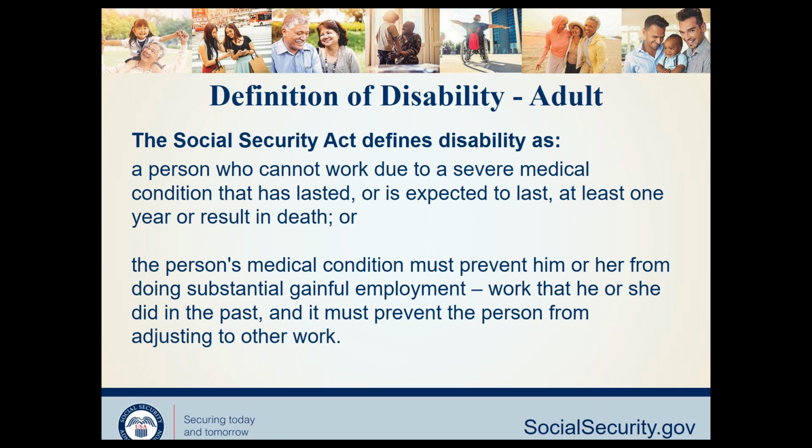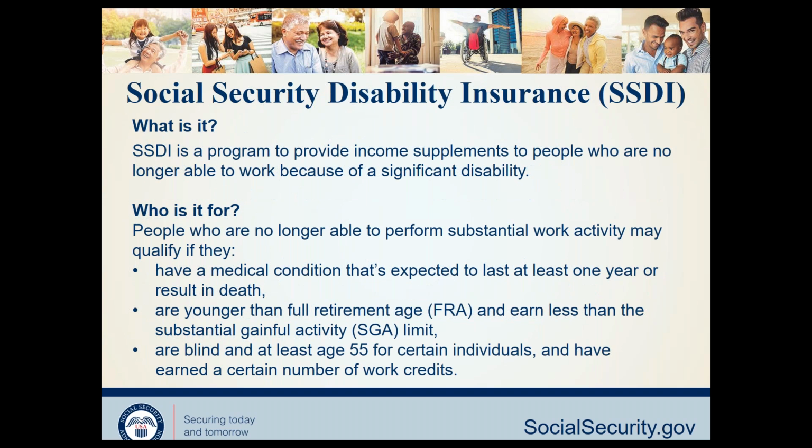Now, just briefly, on a couple slides prior, I was speaking about SGA. So when a person is filing for disability and they're engaging in SGA, they're earning over that amount of $1,260. Normally, that's too high for an individual to file for disability.